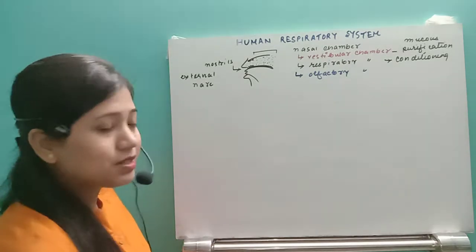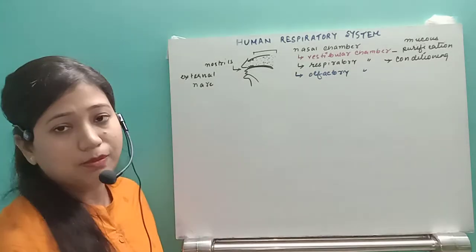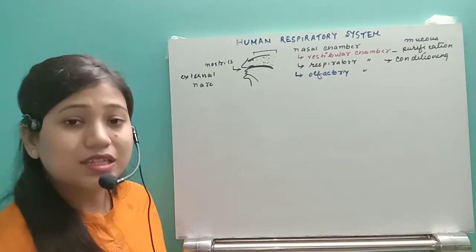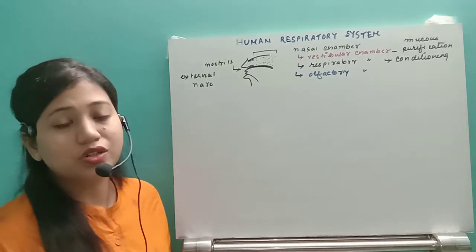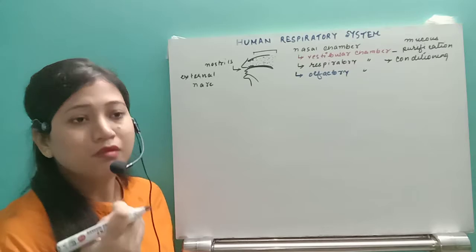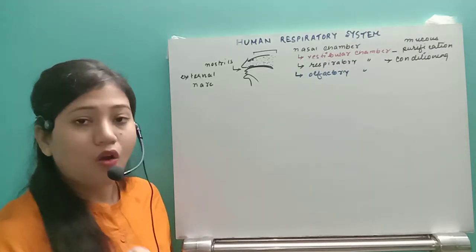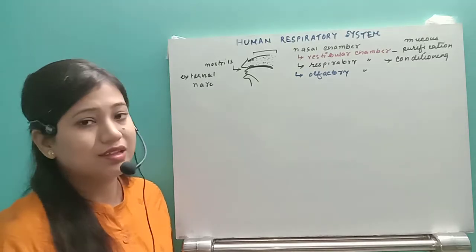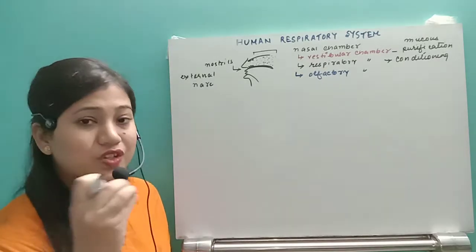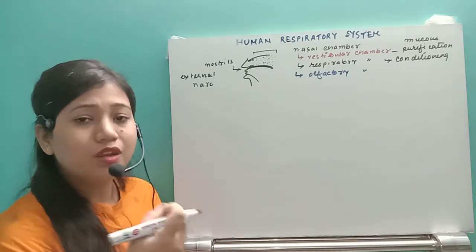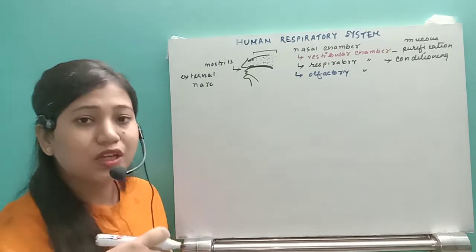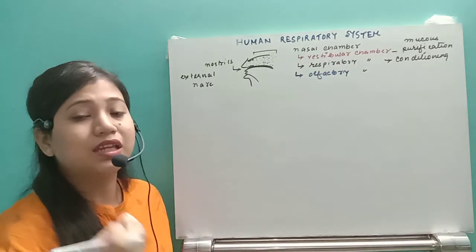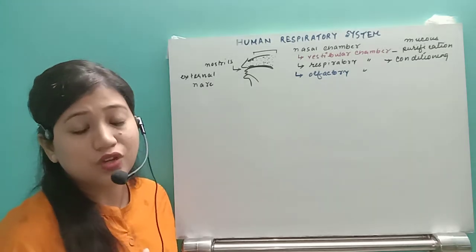Next, we have the last part of the nasal chamber, called the olfactory chamber. What is the function of the olfactory chamber? Olfaction means it basically helps in taking the smell of any type of volatile chemical. If it enters with our inspiratory gases, then this olfactory chamber, which has small minute pores, dissolves these volatile chemicals, and they are converted into an electrical impulse.